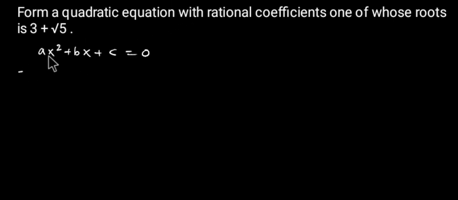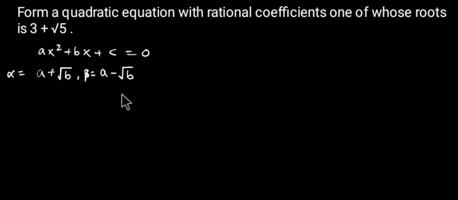The first thing is I write the standard form of a quadratic equation, which is ax square plus bx plus c equal to 0. And if we are given the roots of this equation as alpha and beta, if one of the roots, like here alpha, is in the irrational form like a plus root b, then definitely the second root will be a minus root b.